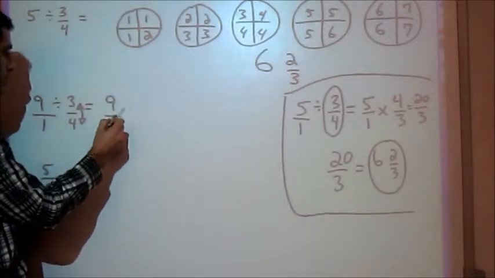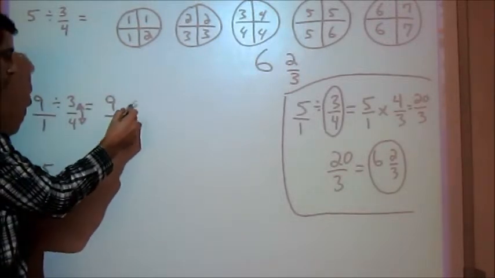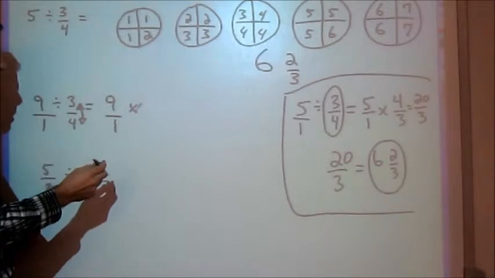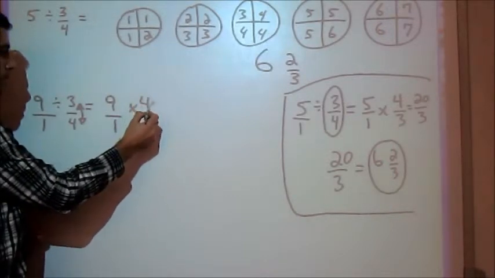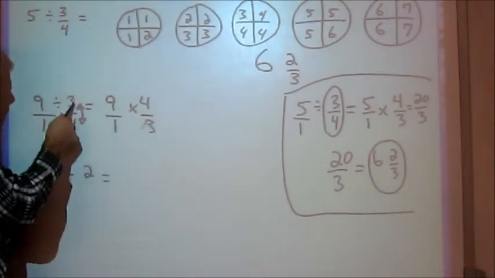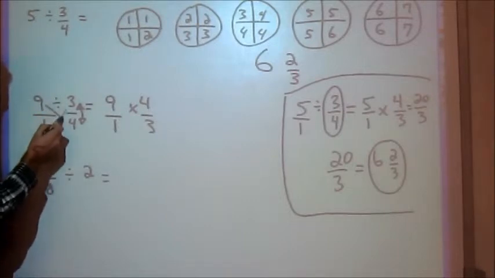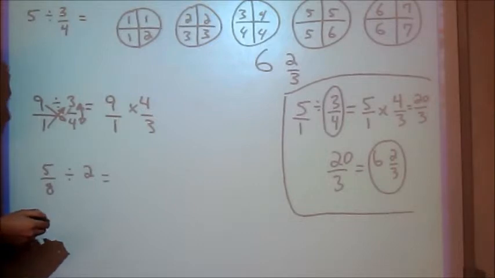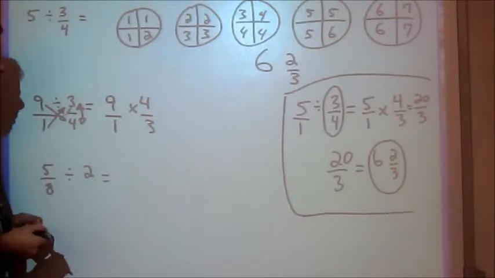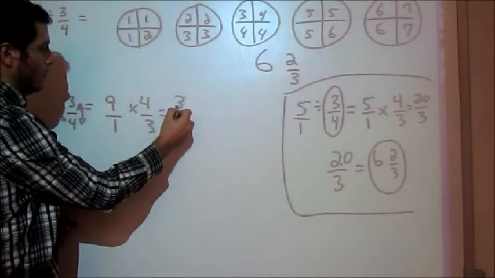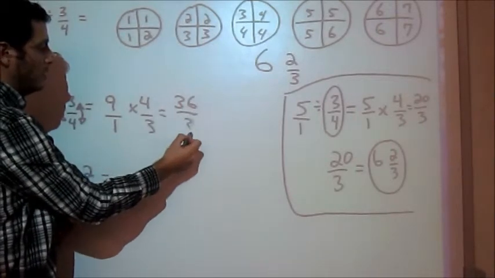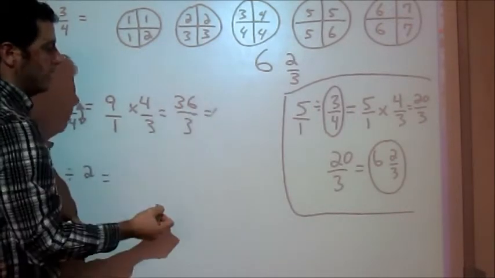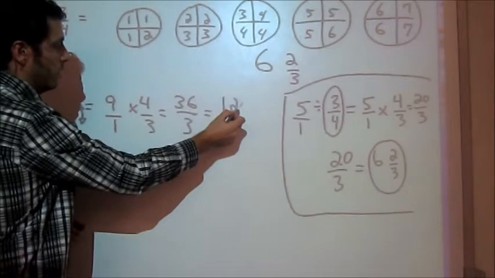We're taking 9 over 1 and multiplying by the reciprocal of 3 quarters. In other words, we're multiplying this way. These 2 lines cross, and that's why it's called cross multiplying. So 9 times 4 is 36. 1 times 3 is 3. 36 divided by 3 is 12.